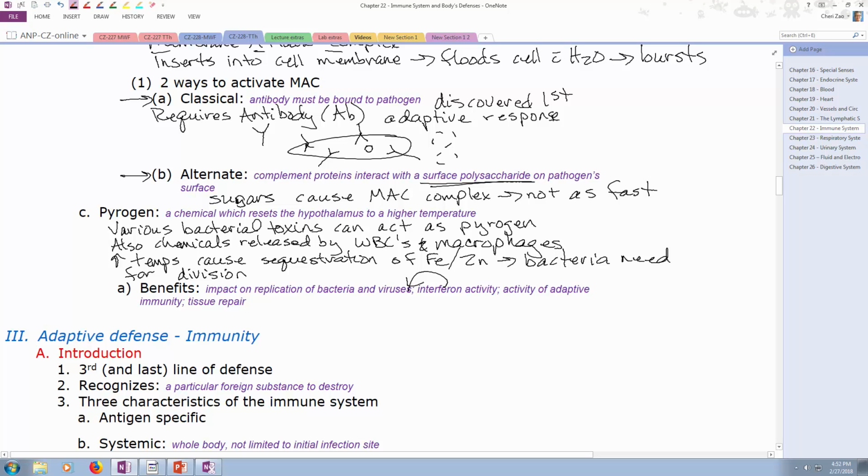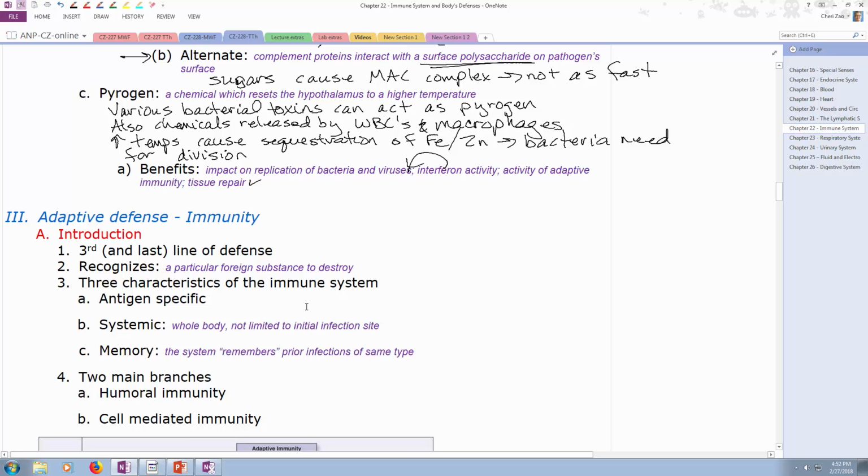Also, it acts on our adaptive immunity by increasing the activity of our lymphocytes through increased temperature, because metabolic rates always go up whenever we increase temperature. And increased temperature will also help with increased tissue repair. So those are all of the benefits of an increased temperature for us.